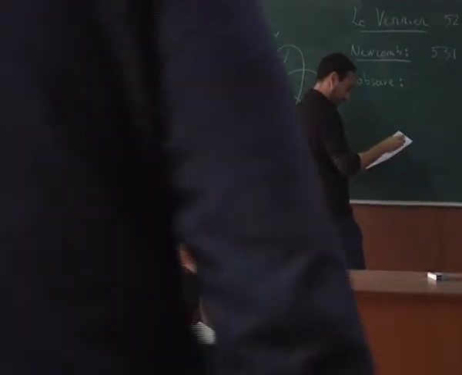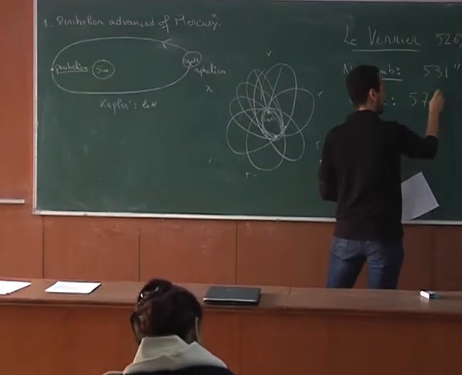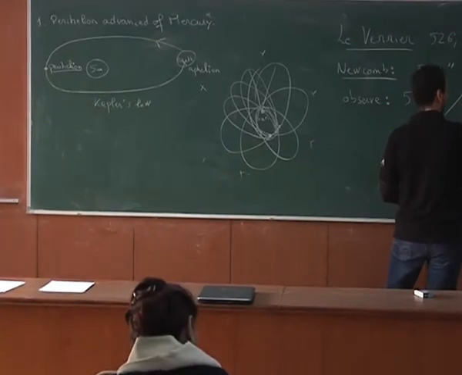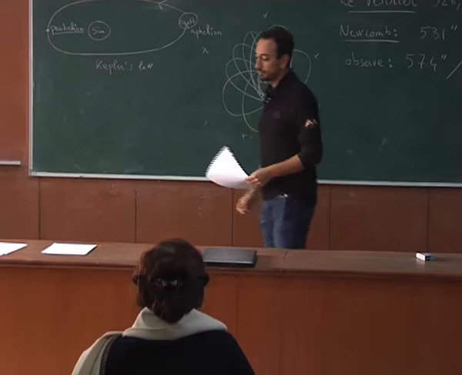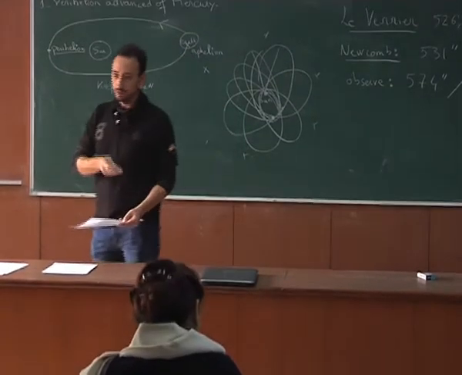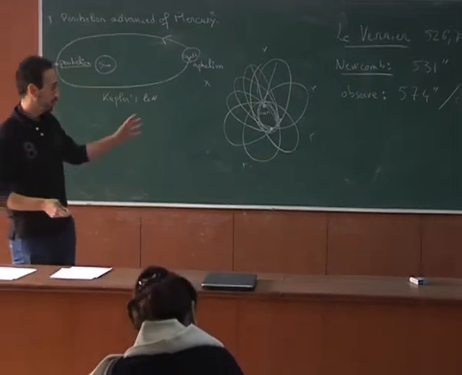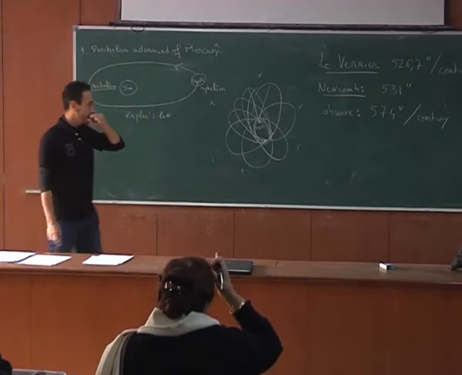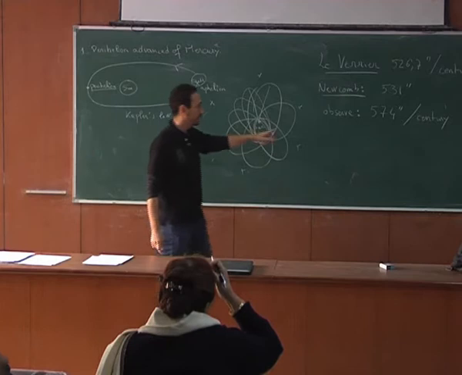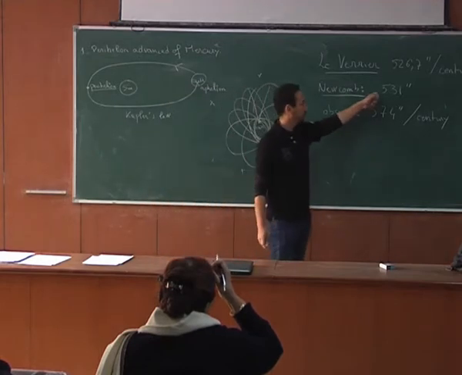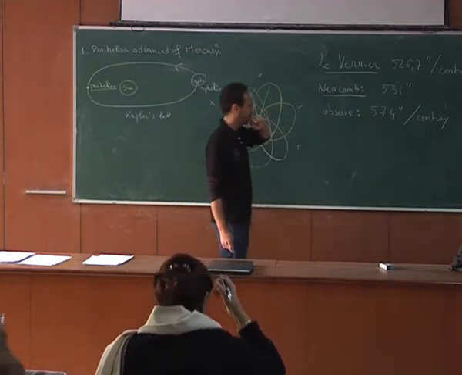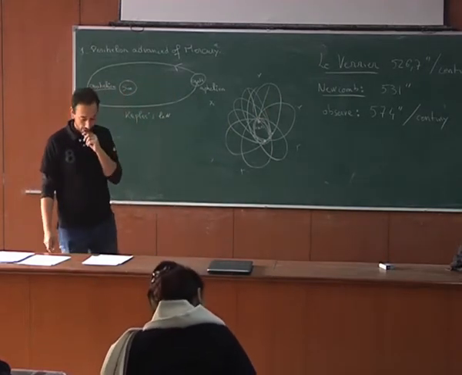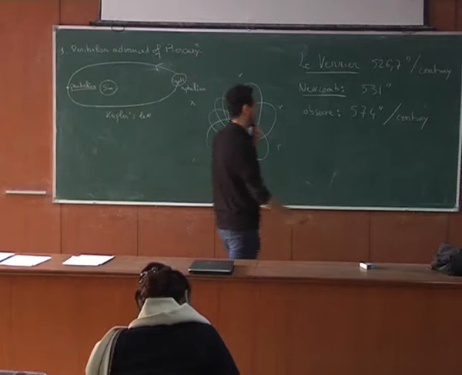What you observe is 574 seconds of arc per century. So there is a problem between the theory and the observation. We observe that there is this shift, for sure. You observe it in the sky. And the problem is that it's much larger than what you calculate from the theory of perturbations. There is a bit of difference. What is the difference? It's 43.